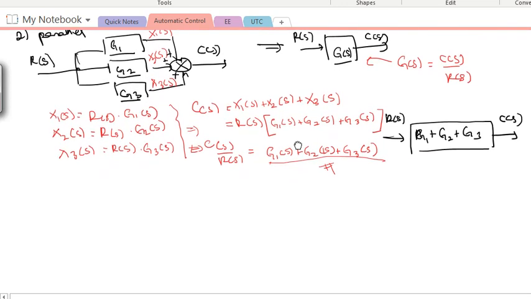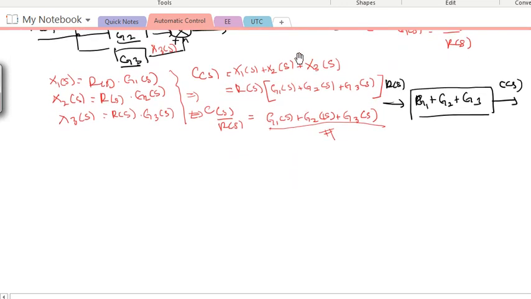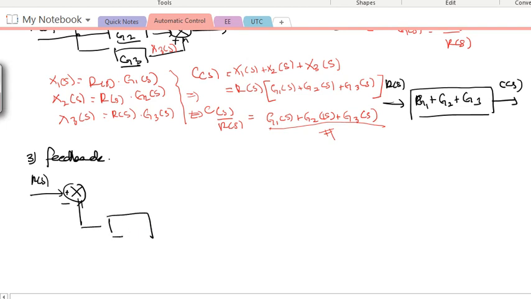And then the third one, the last one, is the feedback transfer function. How do we simplify a feedback transfer function? A feedback transfer function is a function where you have an input, let's recall, and then it is compared with an output. And in the forward path, you have a transfer function.